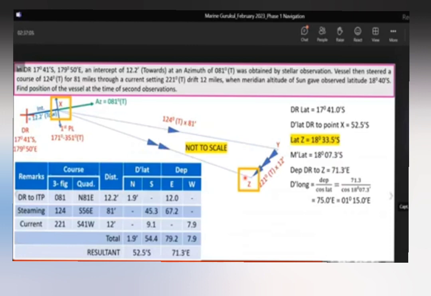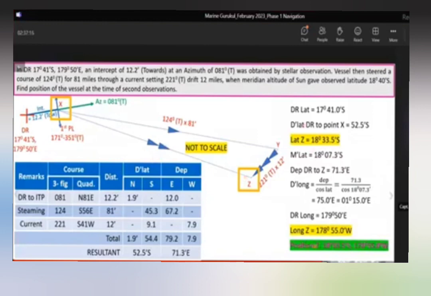We apply this D long to the DR long, and that shall give us the longitude of Z. Therefore, at the end of this working, we are able to obtain the coordinates of point Z. So that means when I go to the graph, I don't have to plot the DR, I don't have to plot this first PL, I don't have to plot this triangle. I can straight away come to point Z and transfer this first PL through point Z.